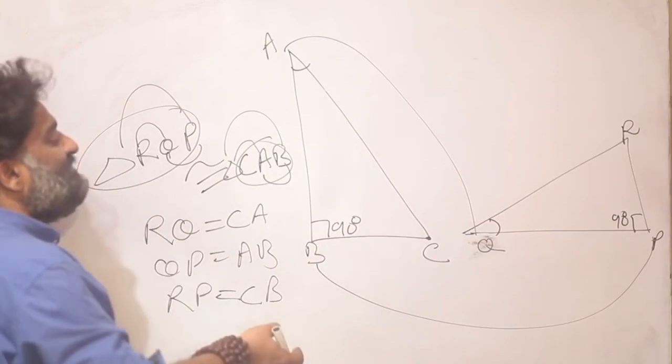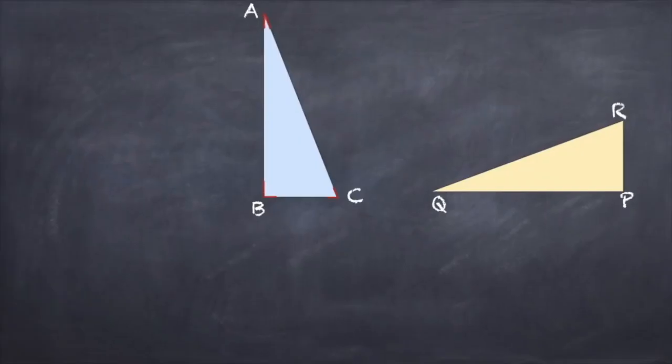And in the very same story, I noticed that the corresponding angles are also equal to each other. So angle B is equal to angle P, angle A is equal to angle Q, and angle C is equal to angle R.